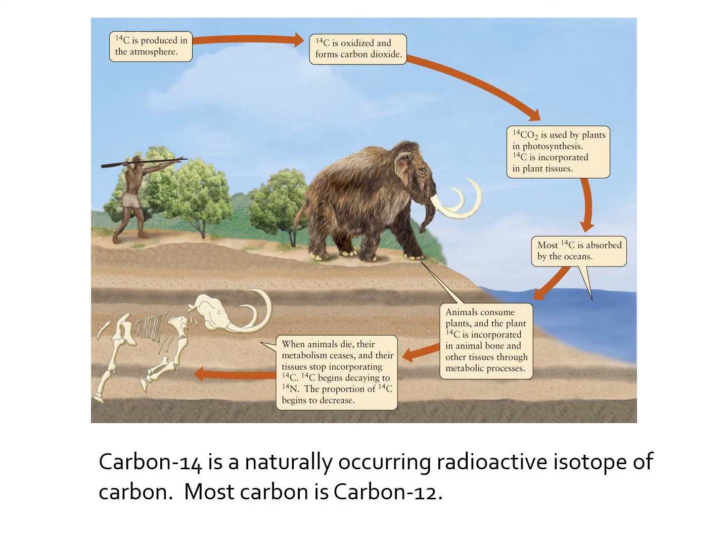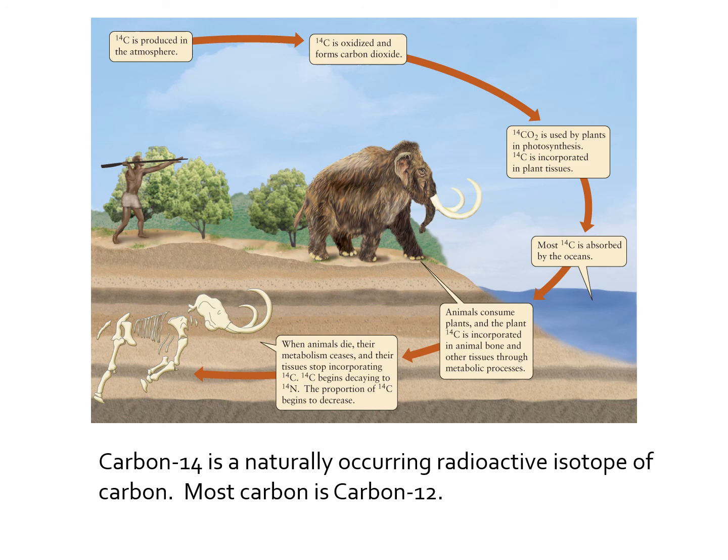When we look at carbon isotope dating, what we're looking at is how carbon-14 is a radioactive isotope that occurs, right? So essentially, carbon-14 is produced in the atmosphere. It oxidizes and forms carbon dioxide, right? That C14 CO2 is used by plants in photosynthesis to produce food, right?